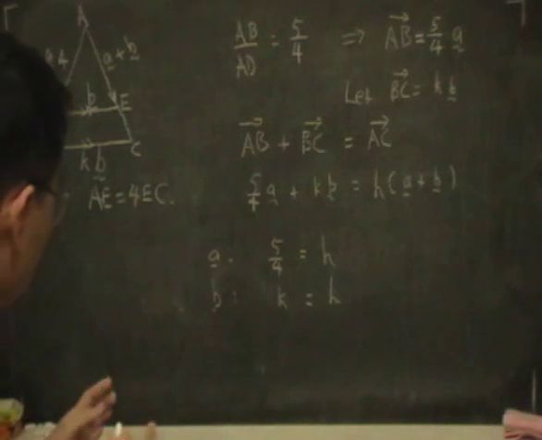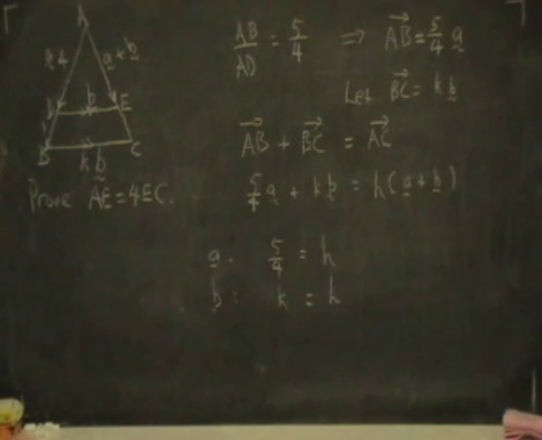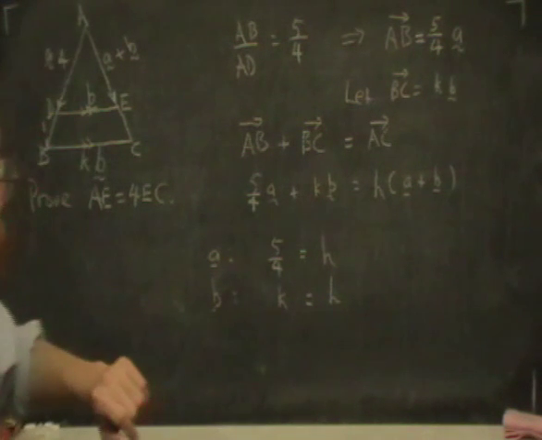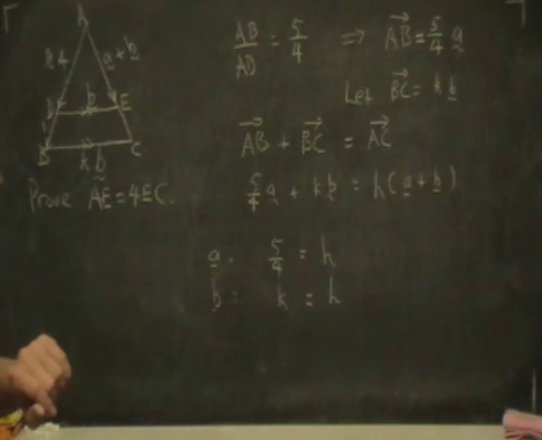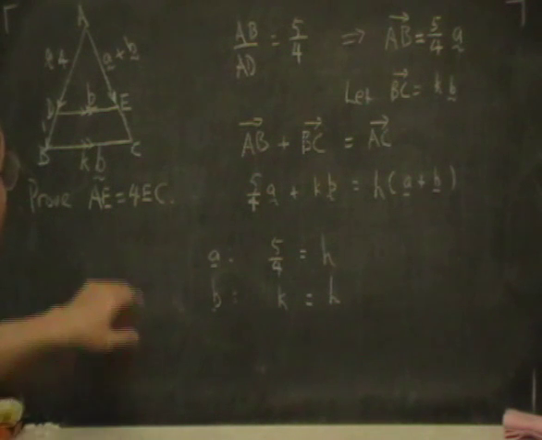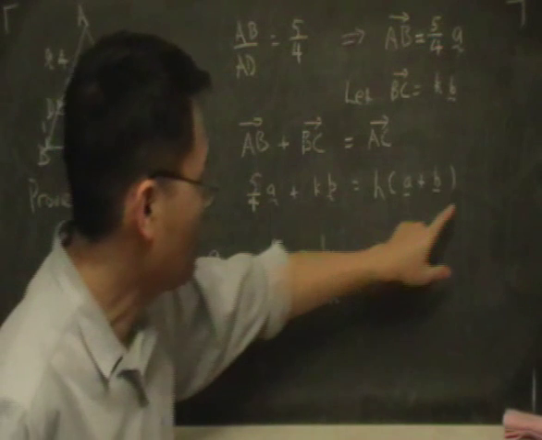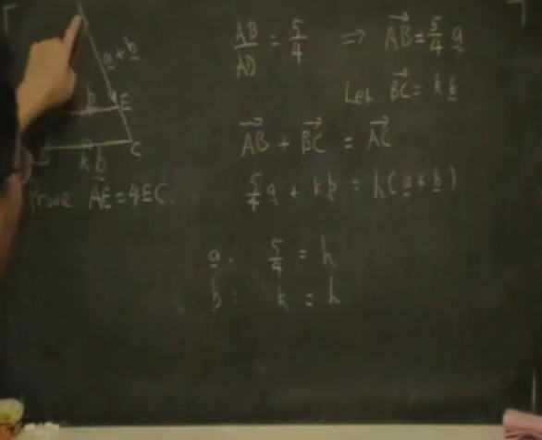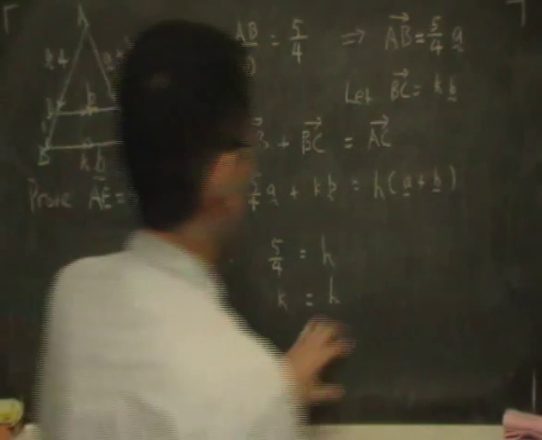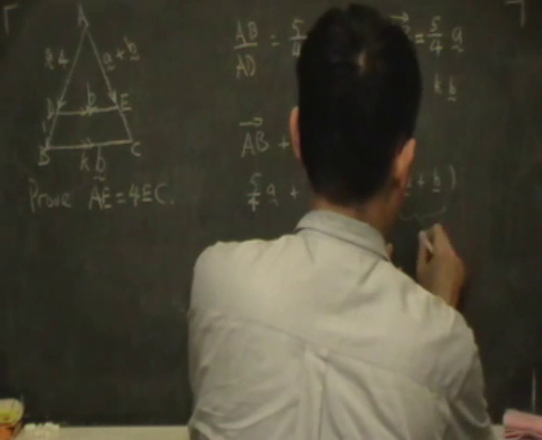And we can now use this result to answer the question. h, if we remember, refers to this number that we multiply by A plus B. Now A plus B is actually AE, if you recall.